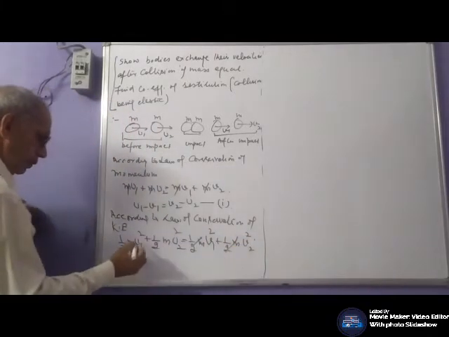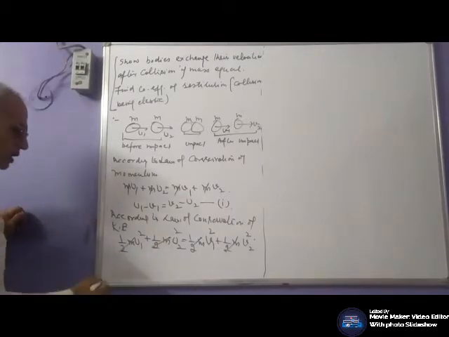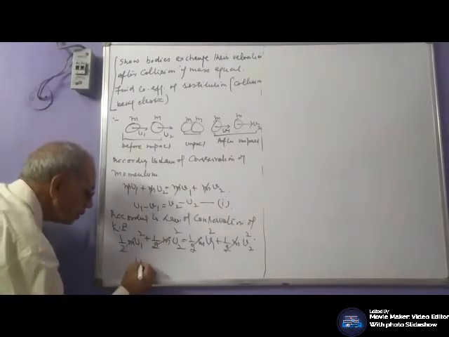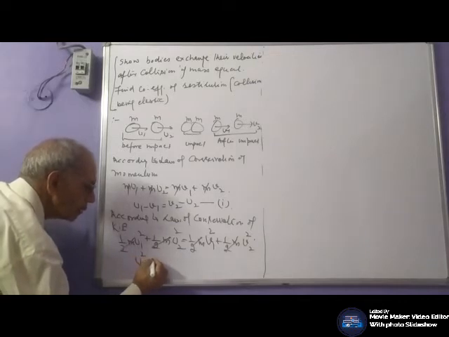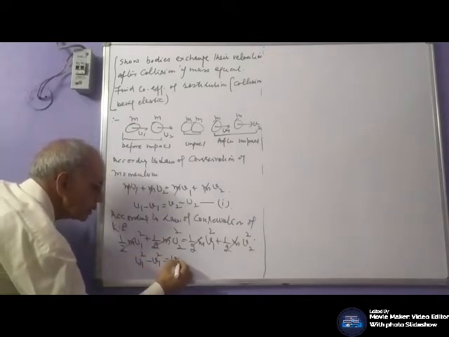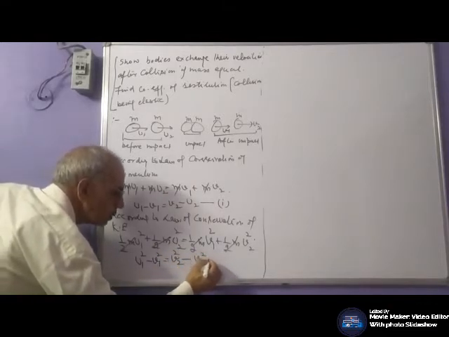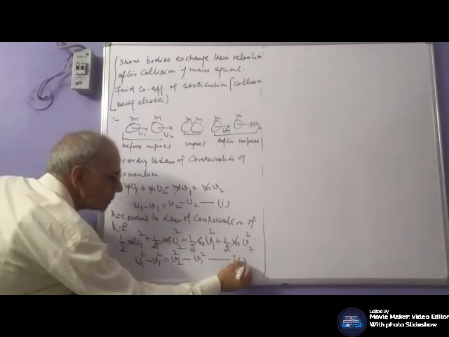Half, half, half, half M common cancel out: U1 square minus V1 square equals V2 square minus U2 square, second.